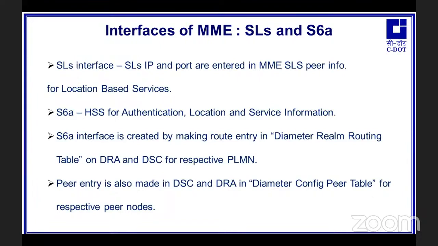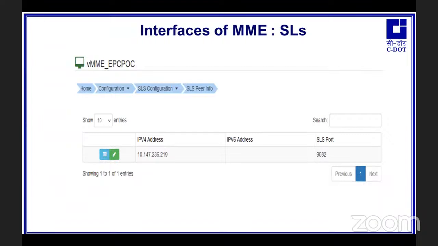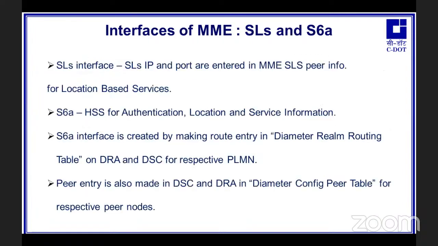This is the SLS interface and S6A interface for the HSS authentication. So this related PR config entry, relay entry needs to be done in DRA and DSC as well. For the LBS server, can you go back to the previous one?